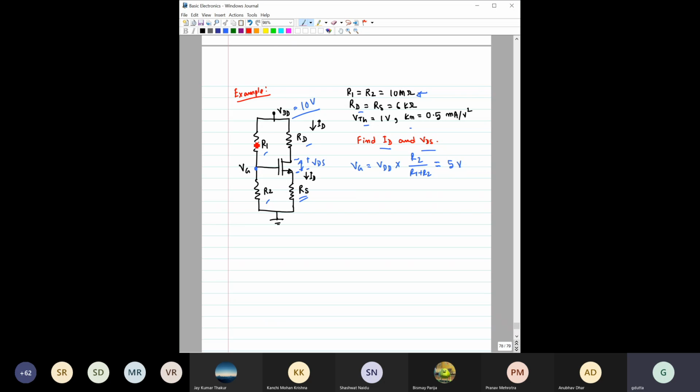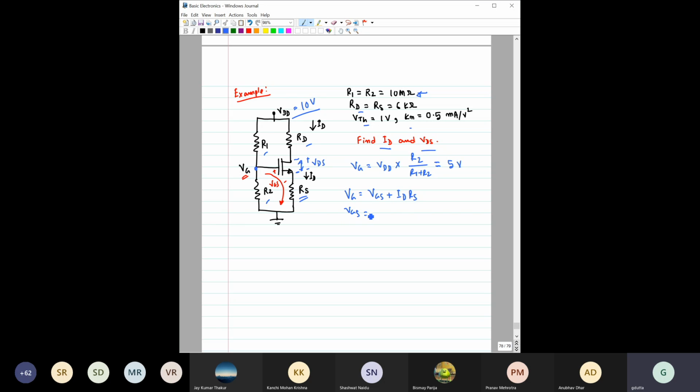Then we know this VG, then probably we can use this loop to find what is the value of this VGS, right? To do that, we can write VG equal to VGS plus ID RS, right?